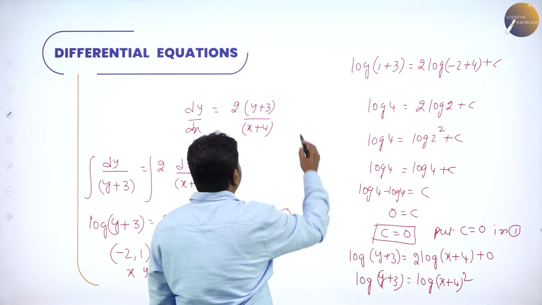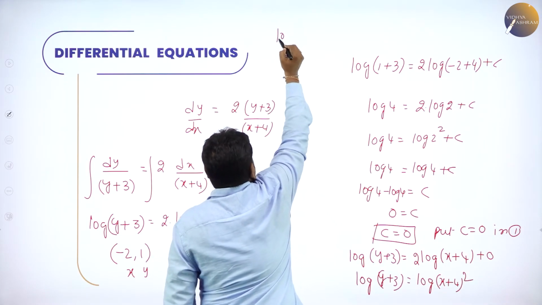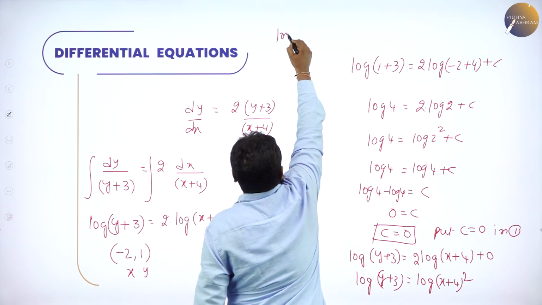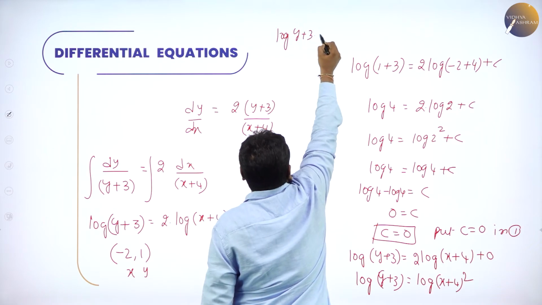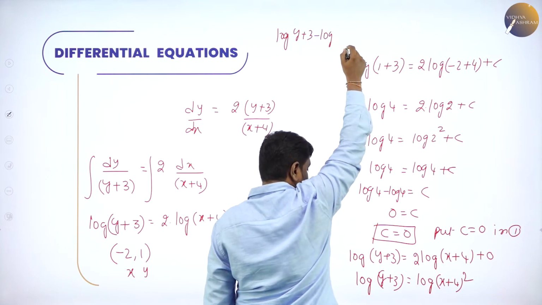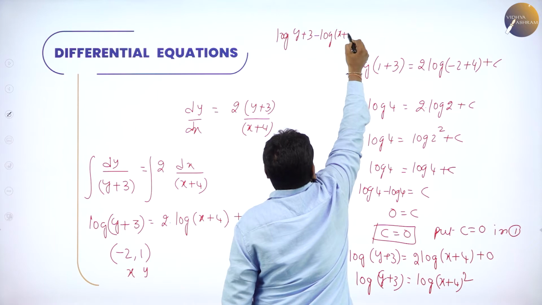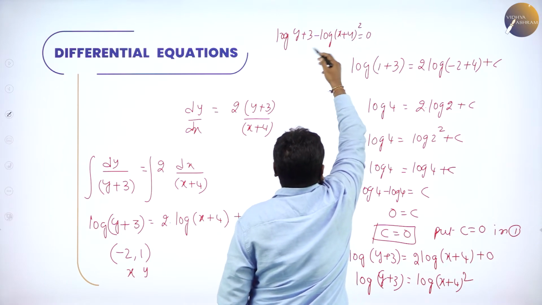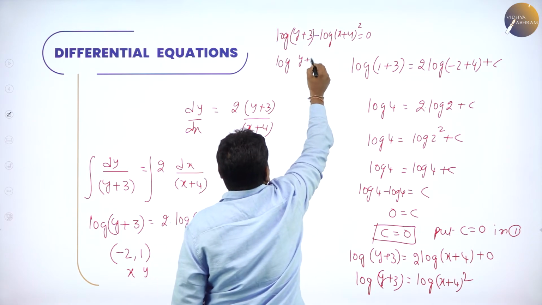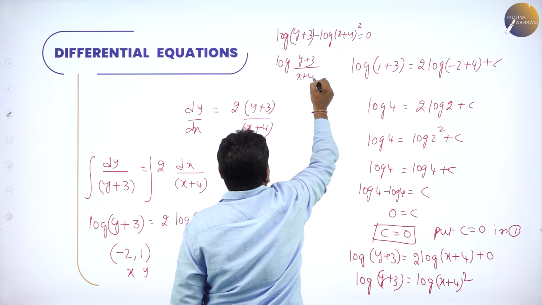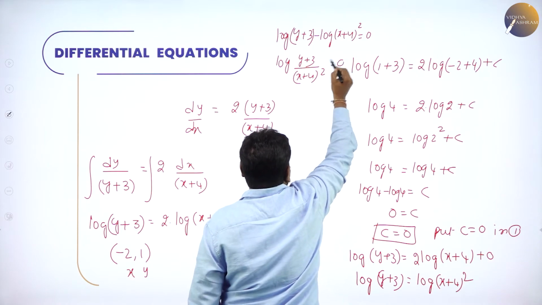Now bring this, log of (y plus 3) minus log of (x plus 4) the whole square is equal to 0. Now it is log a minus log b, which is log a by b. Log of (y plus 3) divided by (x plus 4) the whole square is equal to 0.